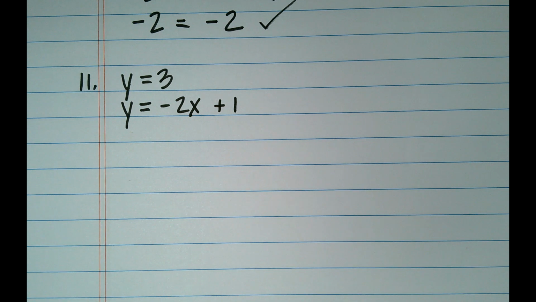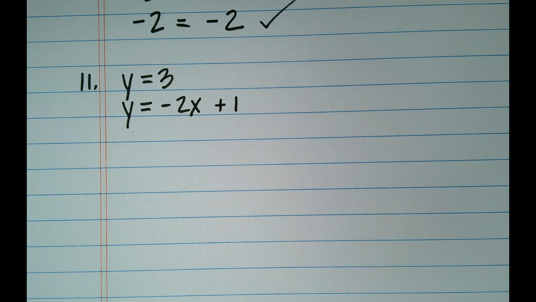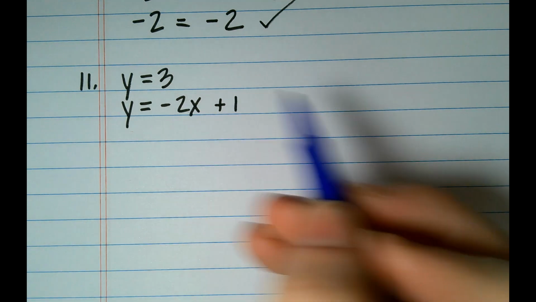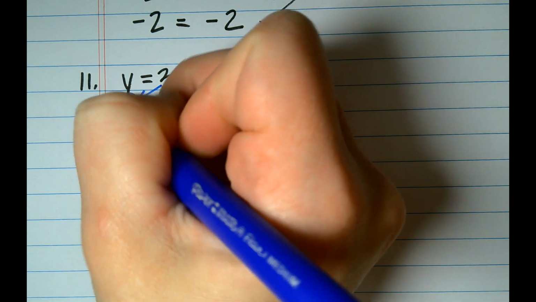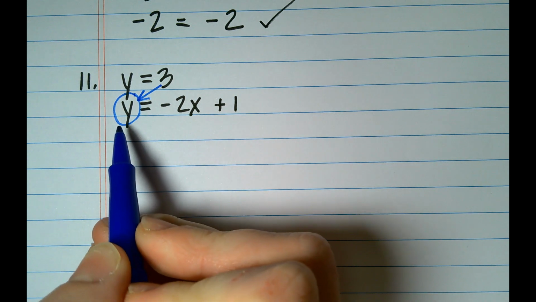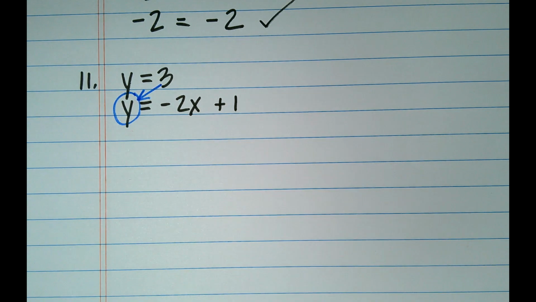If I want to use substitution here, how am I going to do that? So you're just going to plug 3 in where the y goes? Yes. I already have y solved for. Y is 3. I don't need to solve for it again. I can just plug in 3 for y in my equation right here.